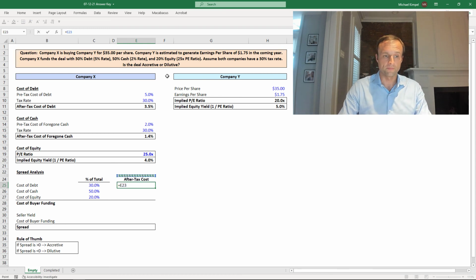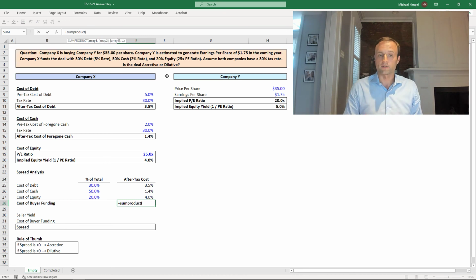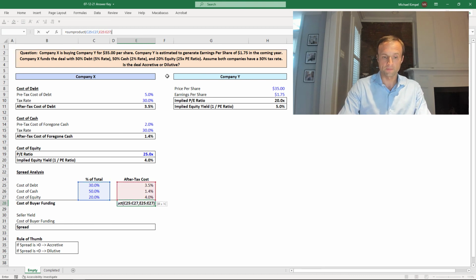So we'll pull in debt. We'll pull in cash as well. And then we're going to pull in equity. And I'm going to use a sum product function here to cross-multiply these out to get the weighted average. So we'll multiply the weights by the cost of each type of financing.